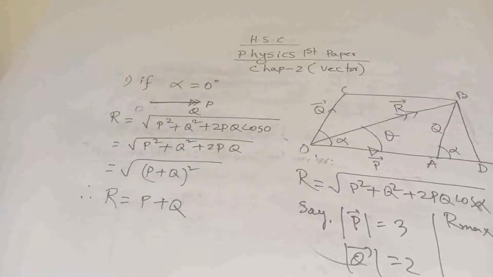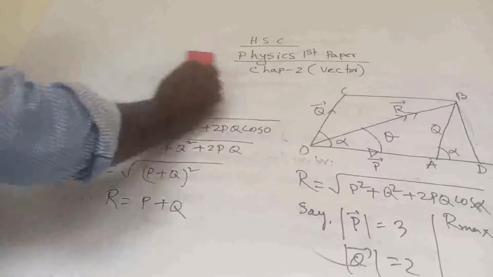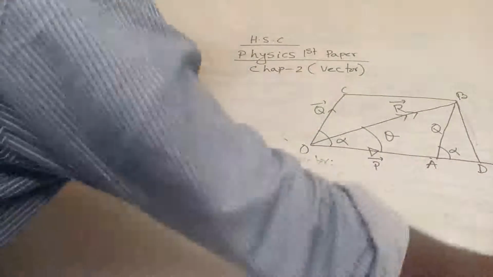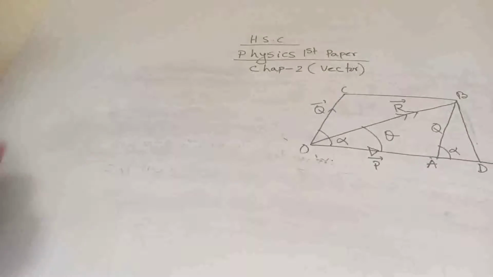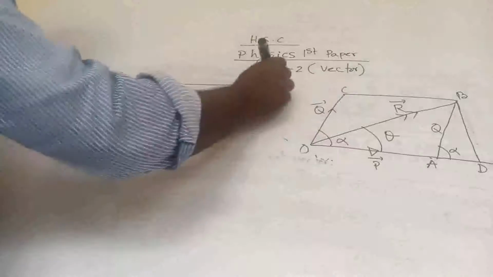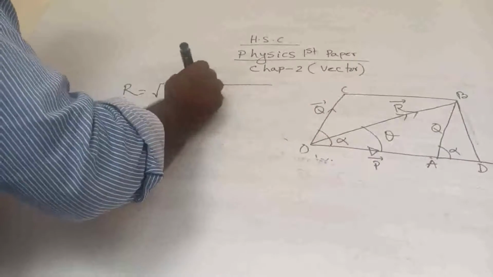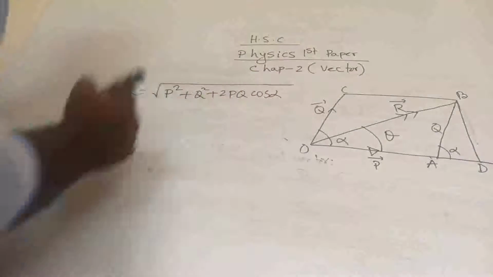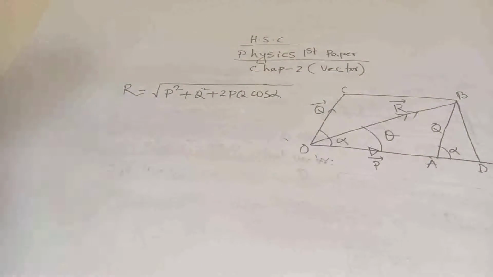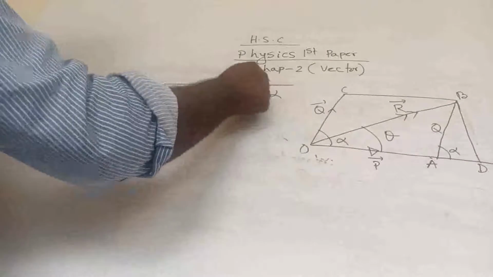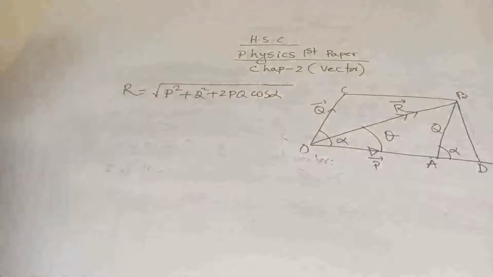On the other hand, if you want to calculate the minimum value of the resultant, we will look at the equation again, R square equals P square plus Q square plus 2PQ cos alpha. At that time, we have to minimize the value. We will check the minimum value of cos alpha.